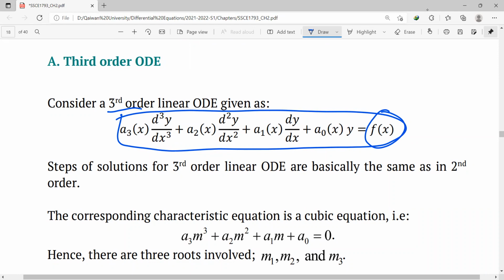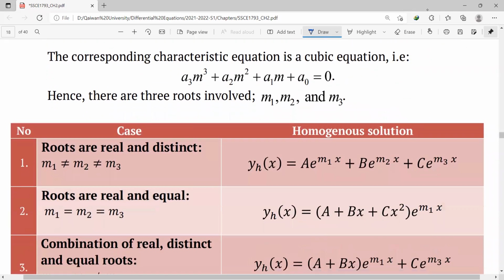But if it's not 0, we have those 4 cases that we talked about. It's either a polynomial, an exponential, a trigonometric function, or the sum of those previous cases. We have those 4 cases for particular solutions.